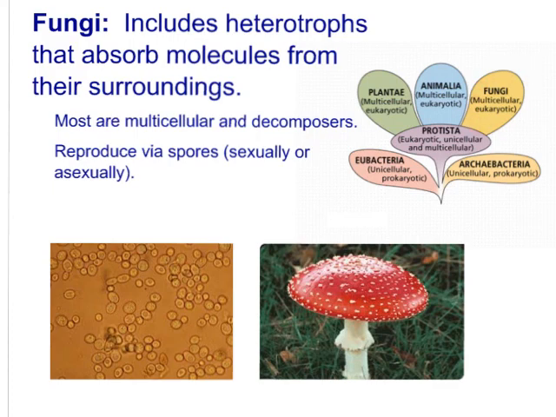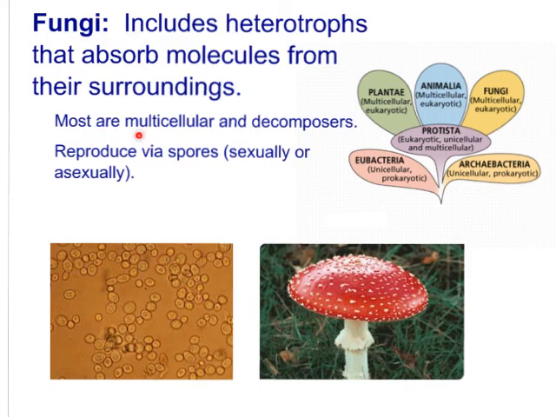Fungi, our very last kingdom, the 6th one that we're looking at. Members of this kingdom include heterotrophs that absorb molecules from their surroundings. Most of them are multicellular and decomposers. They reproduce via spores, either sexually or asexually.